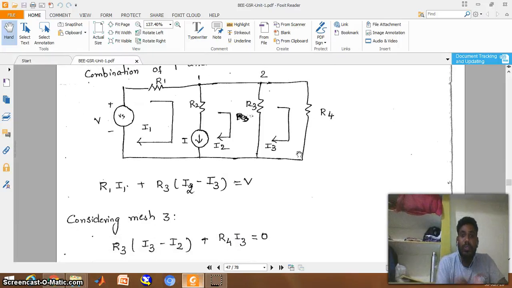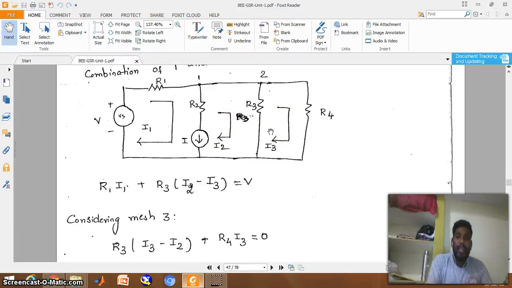First identify the loops. Here a total of 3 loops are there, so we assume 3 currents, I1, I2 and I3. The directions are taken as clockwise. Loop 1 current is I1, loop 2 current is I2, and loop 3 current is I3, all in the clockwise direction.